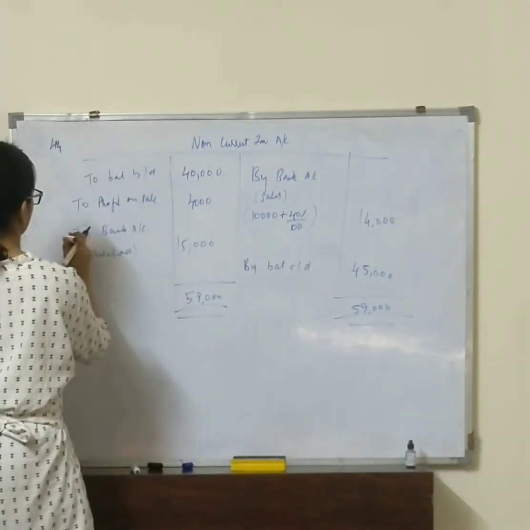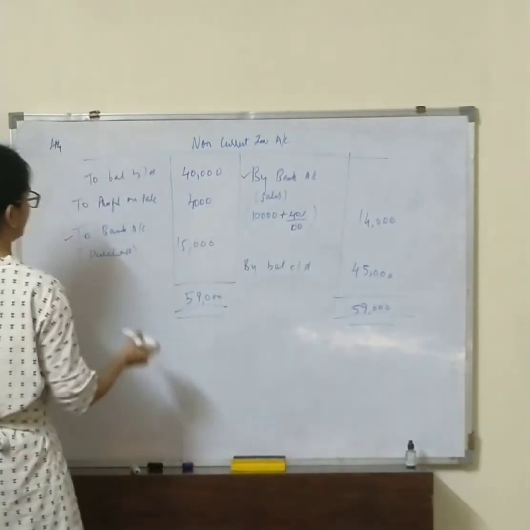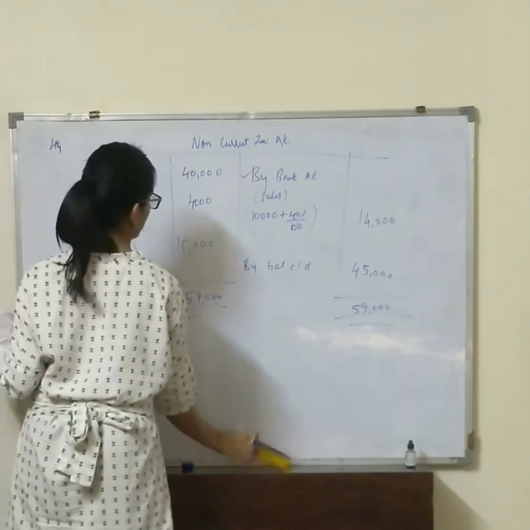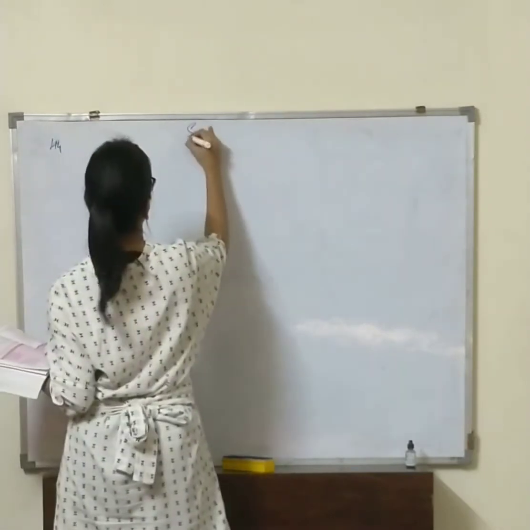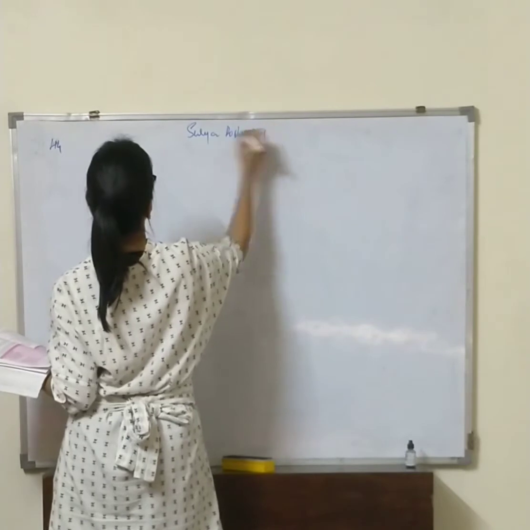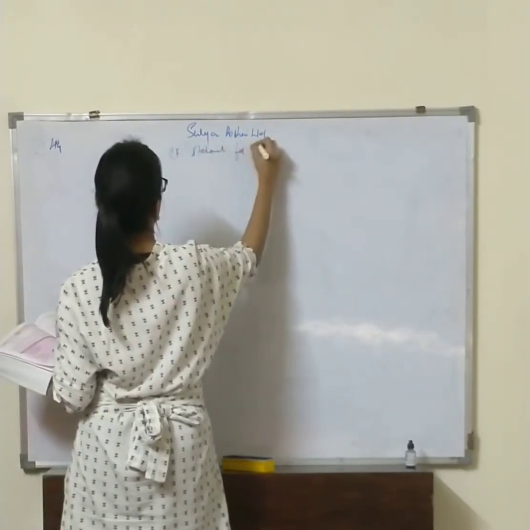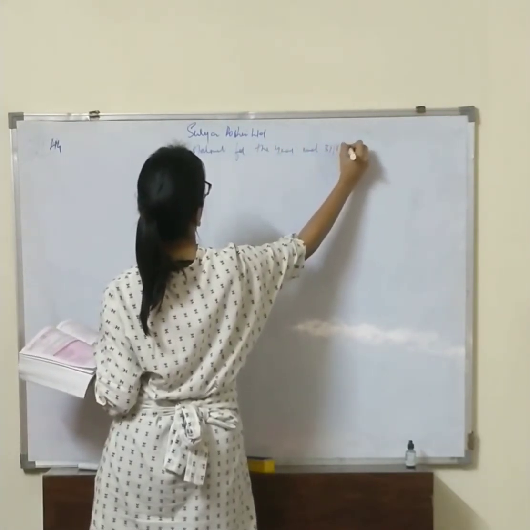So the purchase will come in our investing activity, sales will come in our investing activity, profit will come under our operating activities. So let's prepare our cash flow statement. Surya Roshni Limited cash flow statement for the year ended 31st March 2012.